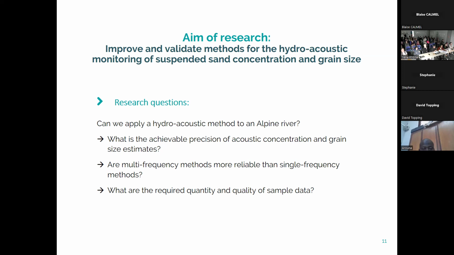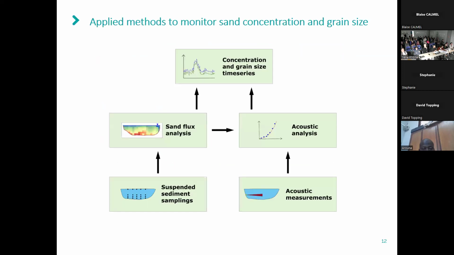To answer these questions, I will apply the following methodology, which consists first of data acquisition of suspended sediment samplings and acoustic measurements, which I will then use to perform sample analysis and acoustic analysis to then estimate a time series of concentration and grain size.